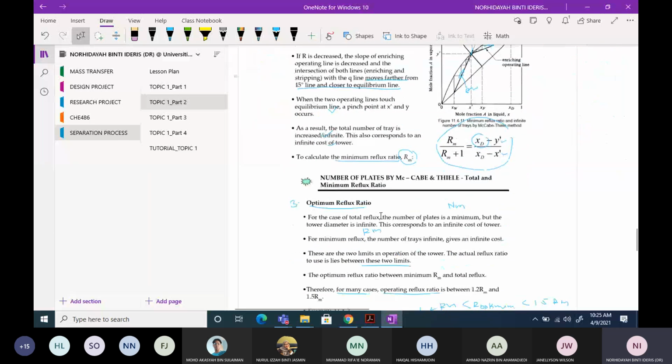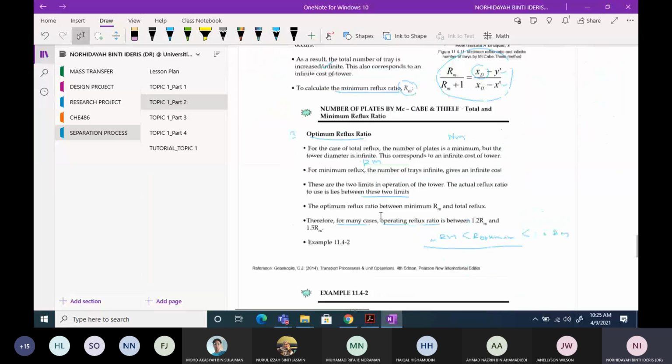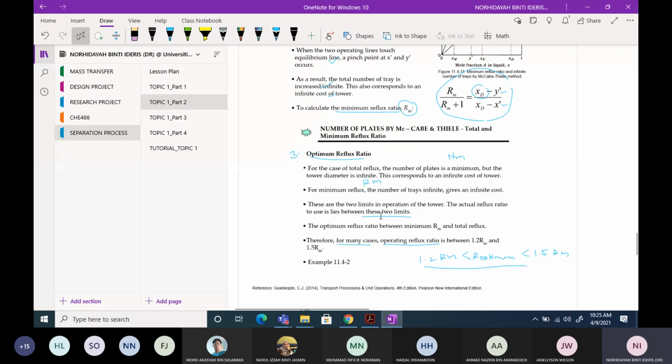All right, so in order for us to design a distillation column, we need to find the optimum reflux ratio. Not N minimum, and also not the R minimum. Now you read here, for the case of total reflux, the number of plates is minimum, but the diameter is infinite.